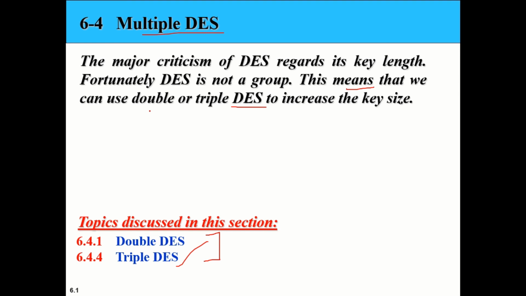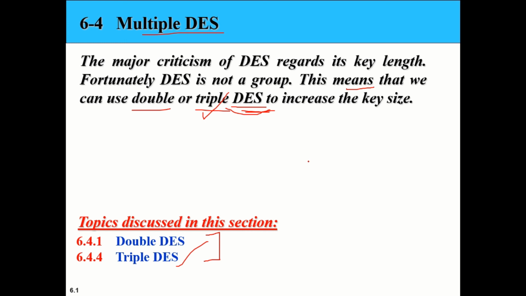Whenever we use the whole process of DES 2 times, we call it double DES, and whenever we use the process of DES 3 times, we call it triple DES. In triple DES, we have two flavors: in one type we make use of 2 keys only, but 3 times, and in the second type we make use of 3 different keys, right?